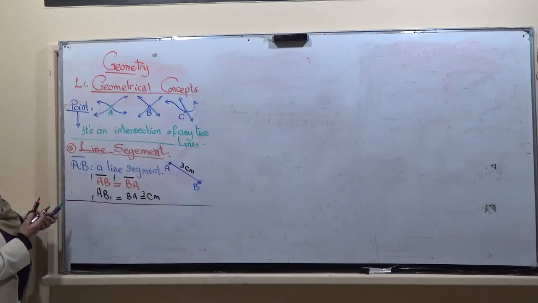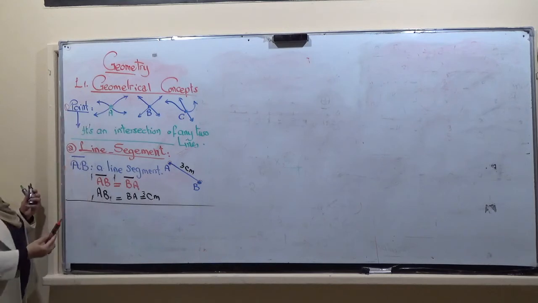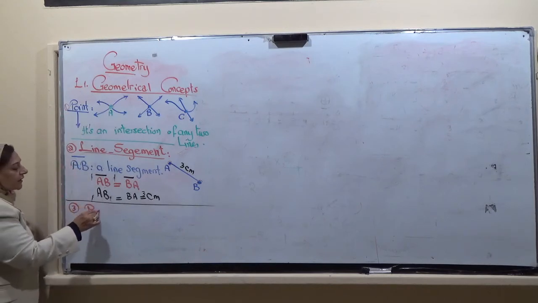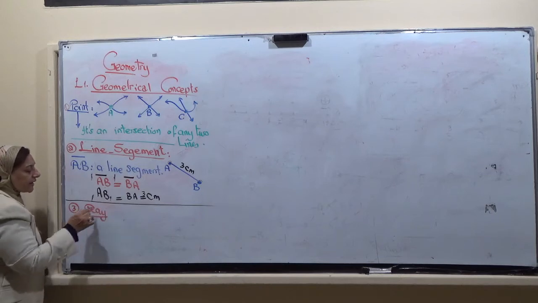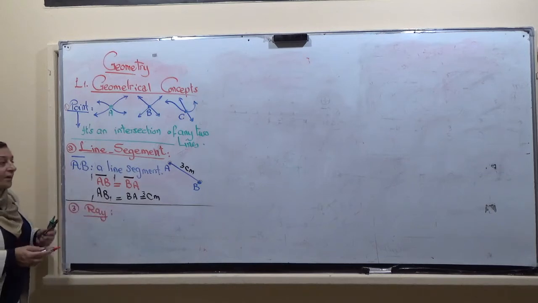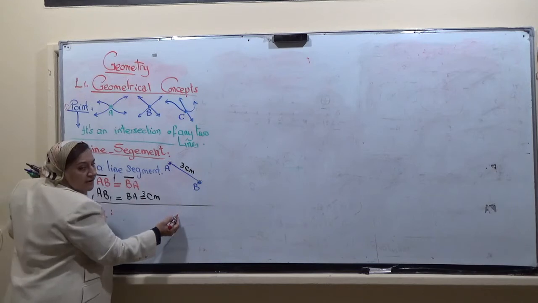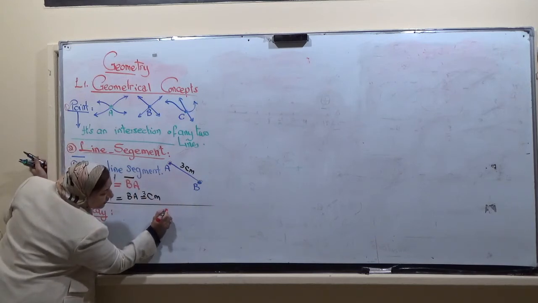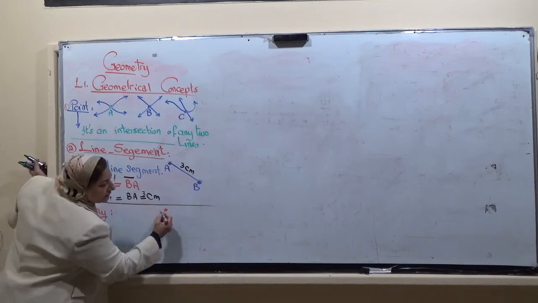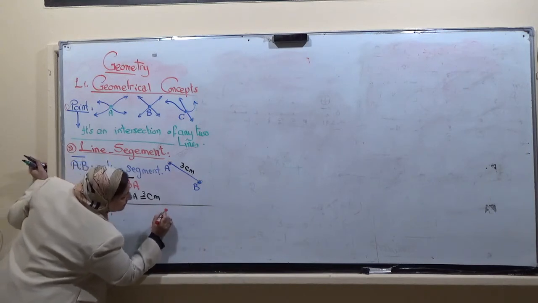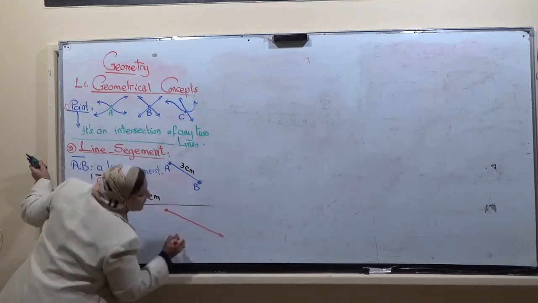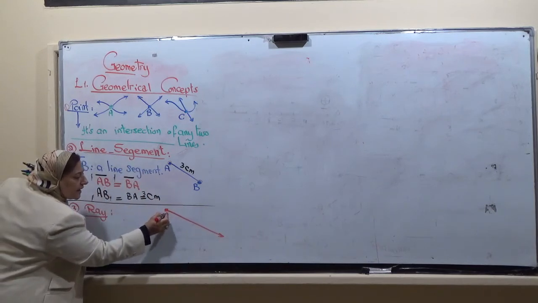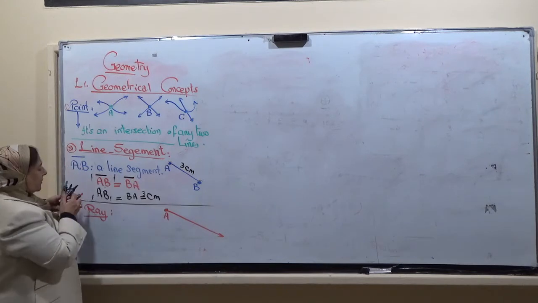Number 1 the point, number 2 the line segment, number 3 I will define the ray. What is the ray? The ray is a set of infinite collinear points on the same straight line, has an initial point but has no final point, has no end point. This is the initial point A. What about B?